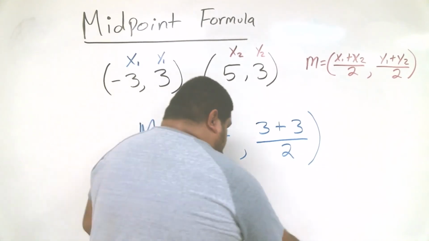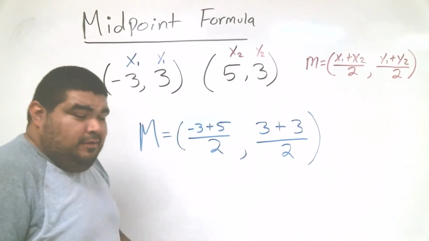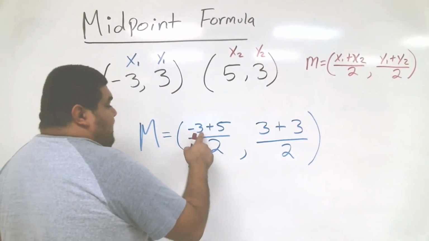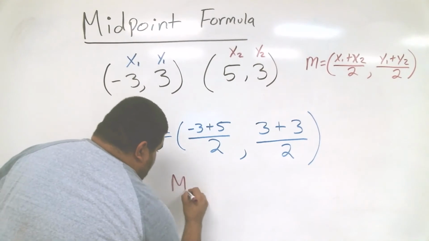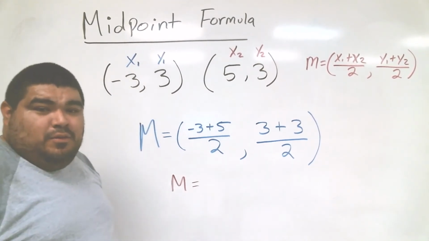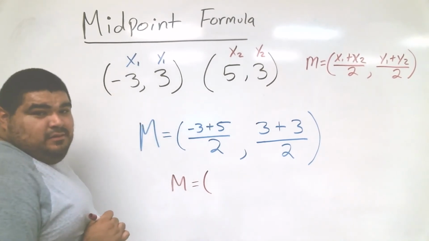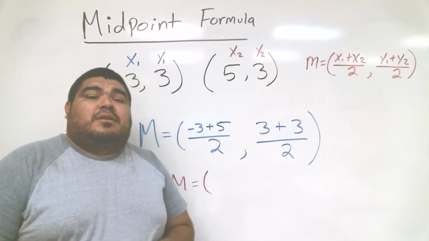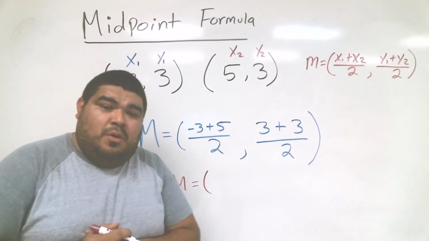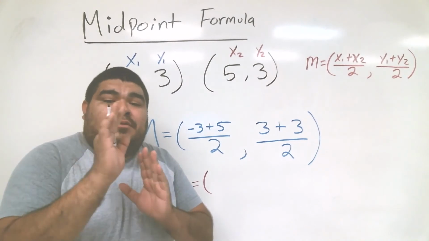So, let's combine the numbers. So we have -3 plus 5. So we have m equals the first set of parentheses, -3 plus 5, okay? Remember, you owe 3 to someone, okay? They give you 5.